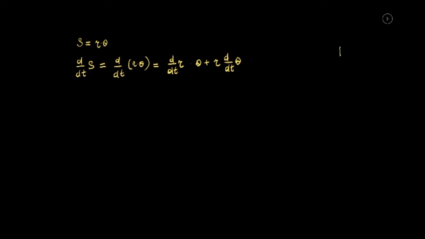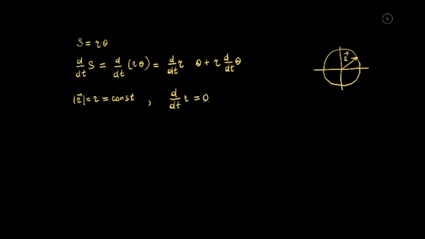Since in a circular motion the magnitude of the radius vector r is a constant quantity, its differentiation with respect to t would be equal to 0, which means r doesn't change over time.